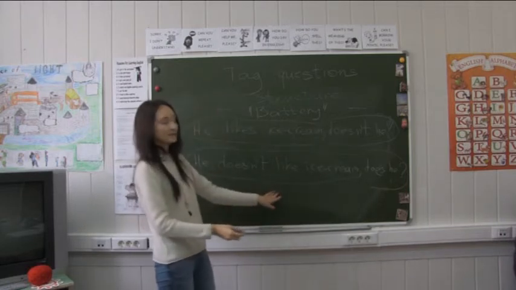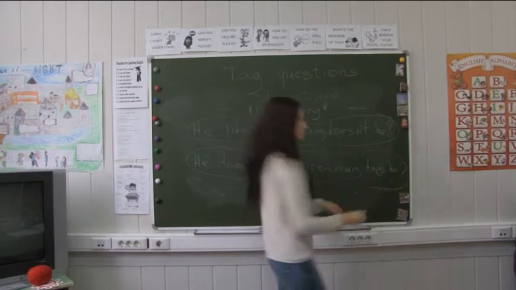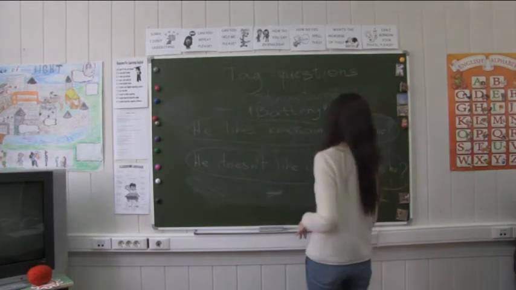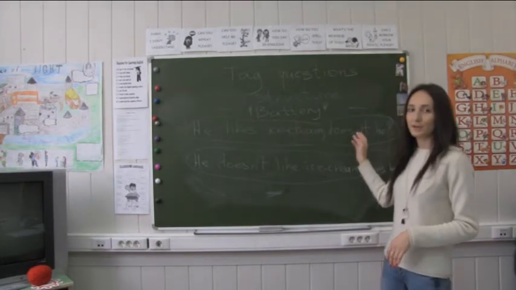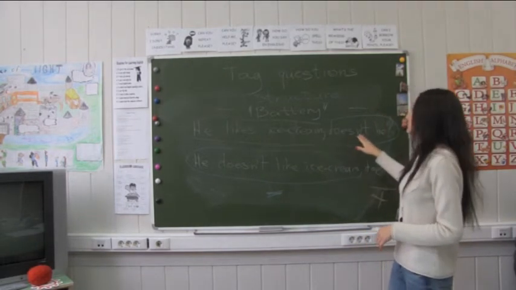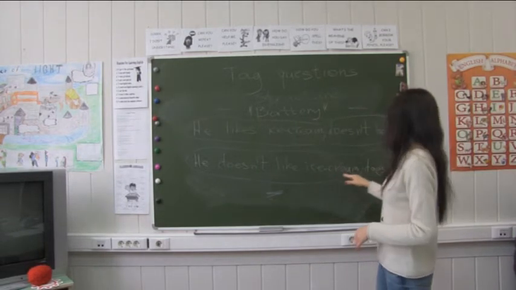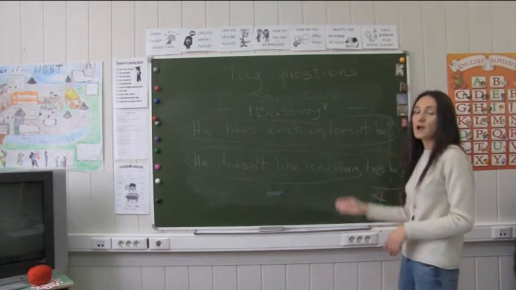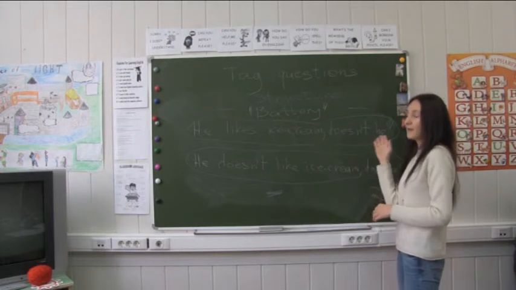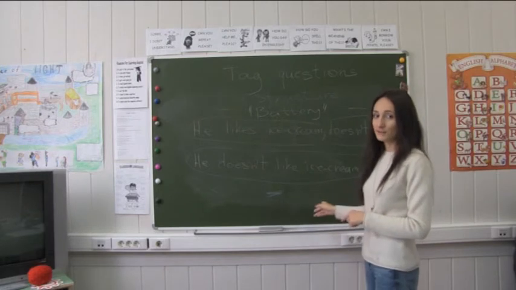So here it is negative, and here positive. It looks like a battery, isn't it? He likes ice cream, doesn't he? The intonation goes up. He doesn't like ice cream, does he? Because I'm not sure about this fact in the first sentence, but I'm quite sure that he doesn't like ice cream in the second one.